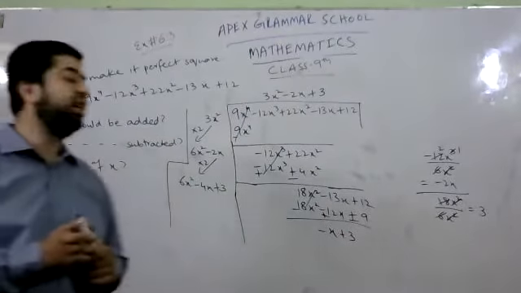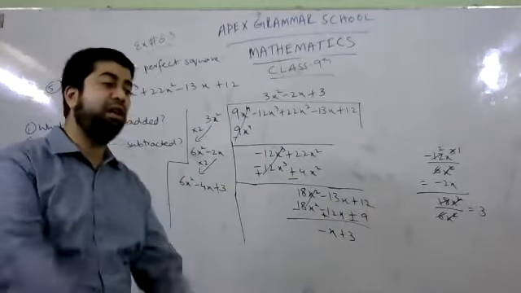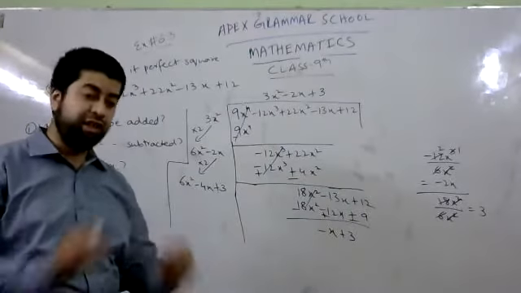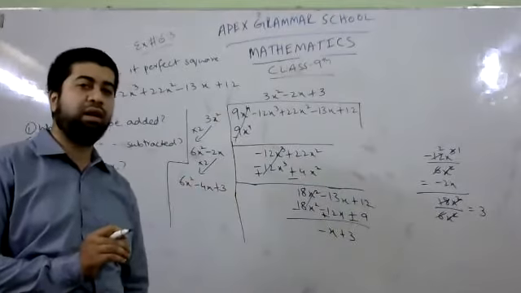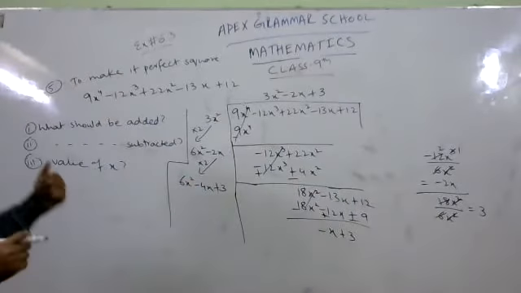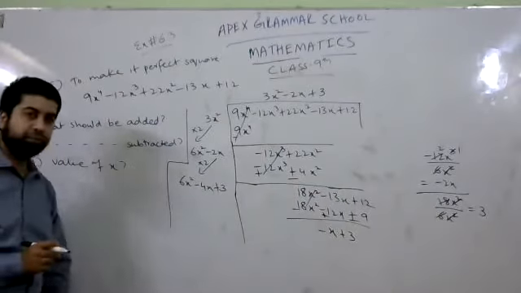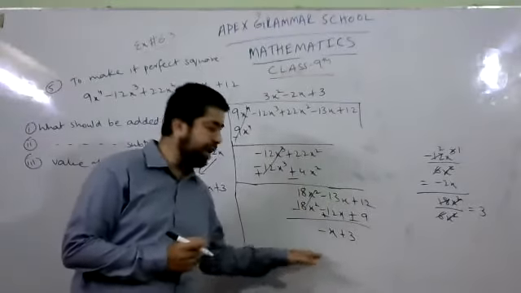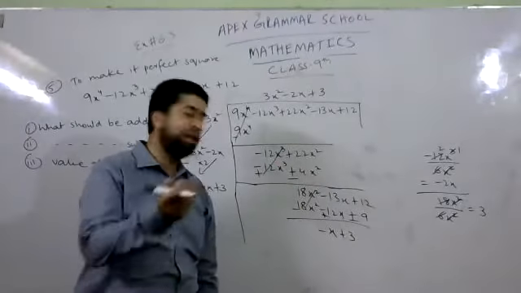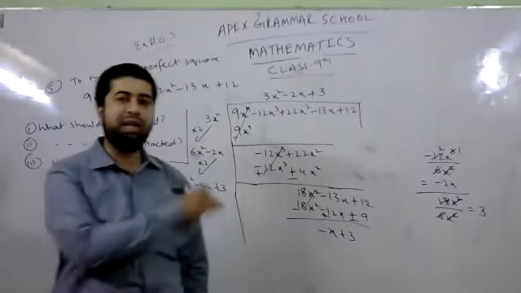I've already told you that this is not a perfect square, but we need to make it a perfect square. What should be added or subtracted to make it a perfect square? It is asking us what should be added. I'm asking you what should be added here to make its remainder 0? For example, this minus x. I want to cancel this minus x.